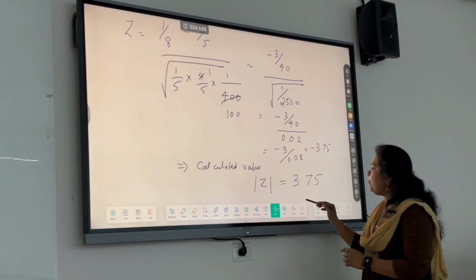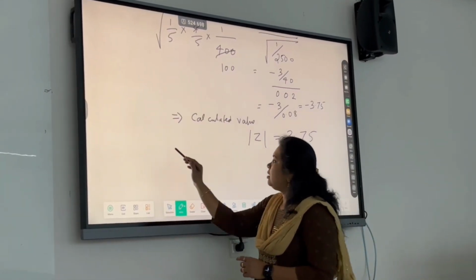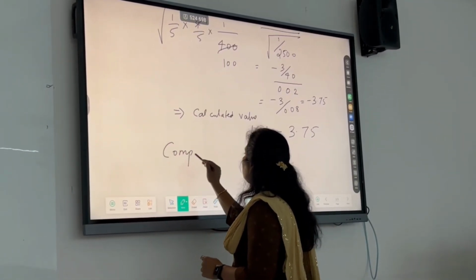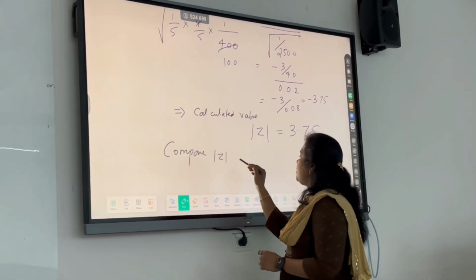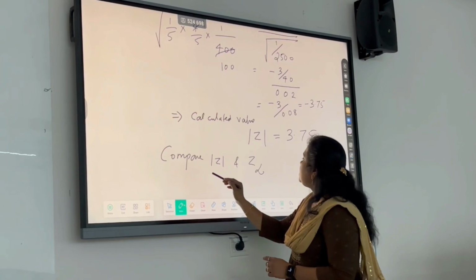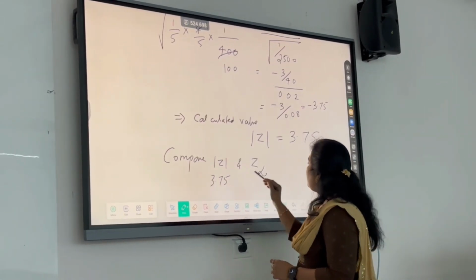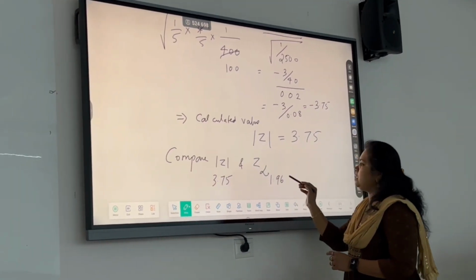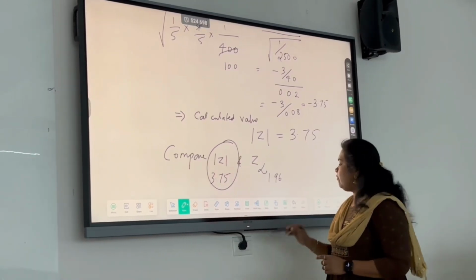Now you compare mod z and z alpha. We find that mod z is 3.75 and z alpha is 1.96. Obviously this is greater.